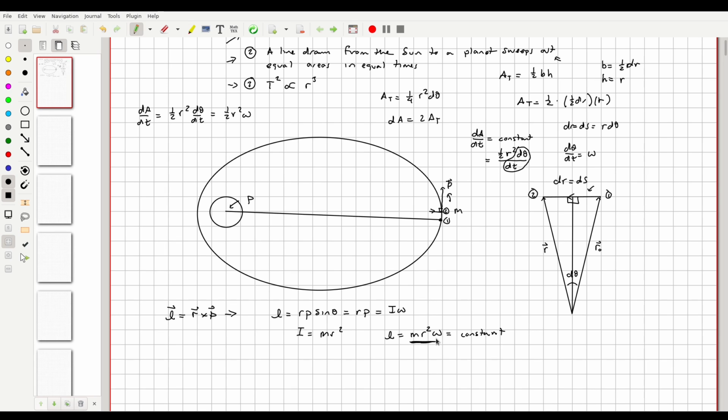Now take a look at this, and take a look at this. They are, for all intents and purposes, the same. Okay? In fact, L over m is r squared omega. The mass is constant, 1/2 is just a number, and L is conserved.